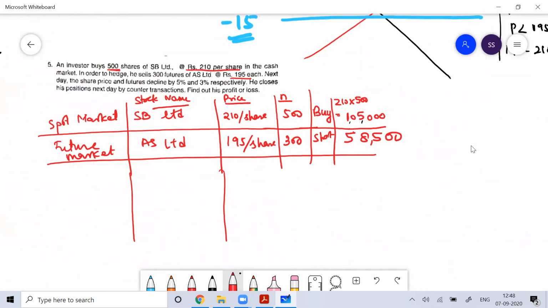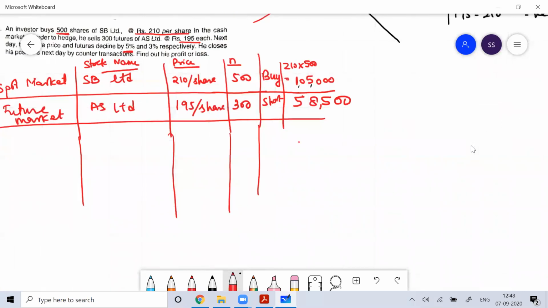So next day it is telling you the price falls by 5%. So if the price falls, then you get a loss. So what is the loss? You can calculate the loss on 5% in the stock price.